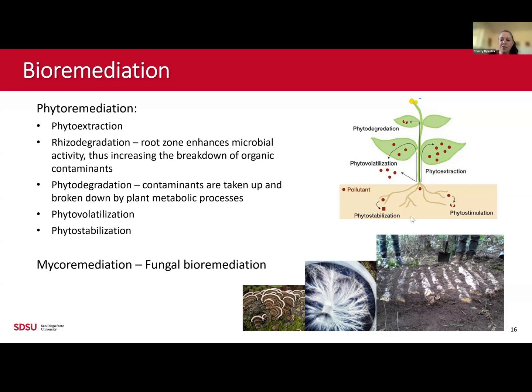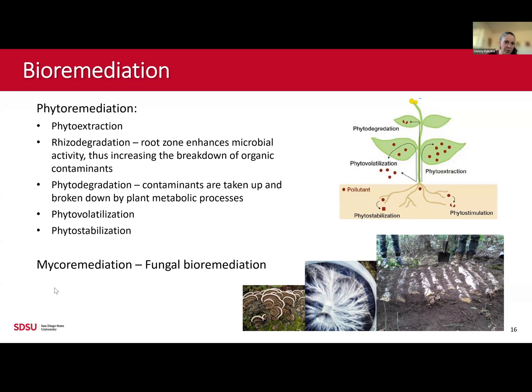But in this case, it's just that something associated with the roots or the root nodules or the plant itself is causing the reaction to stabilize that contaminant, maybe changing its redox properties, maybe changing its characteristics, but somehow stabilizing it so it's no longer moving through the environment and no longer going to be a danger.